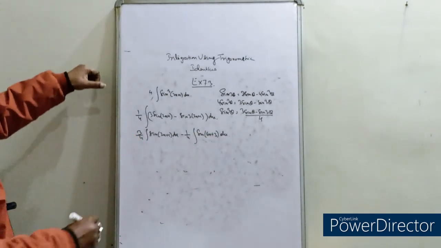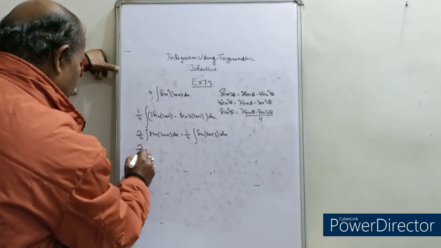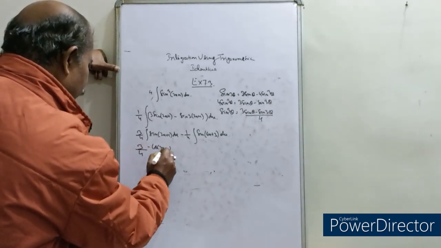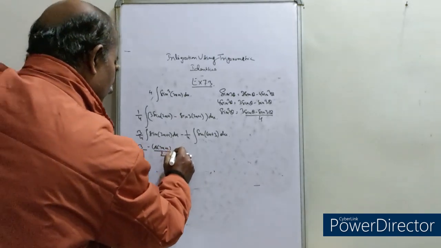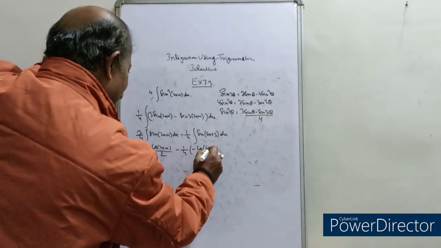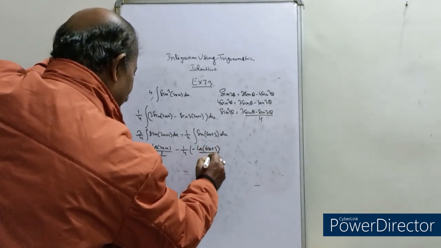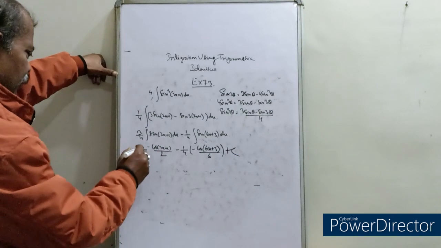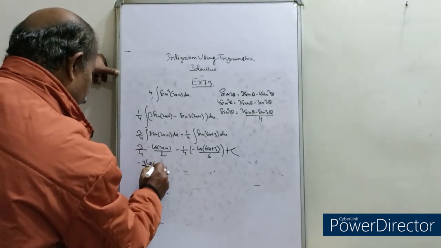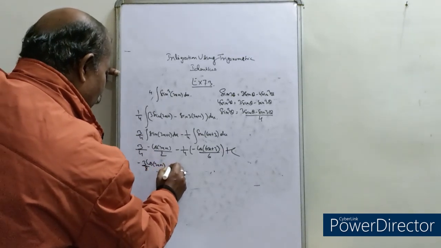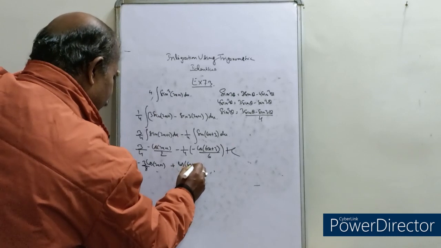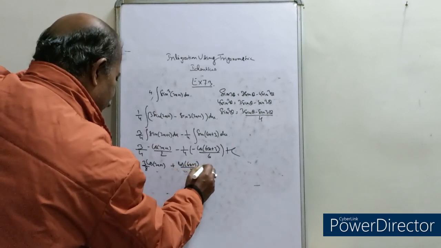So your integration comes out to be 3 by 4 times minus cos (2x + 1) by 2, minus 1 by 4 times minus cos (6x + 3) by 6 plus c. So this comes out to be minus 3 by 8 cos (2x + 1) plus 1 by 24 cos (6x + 3) plus c.